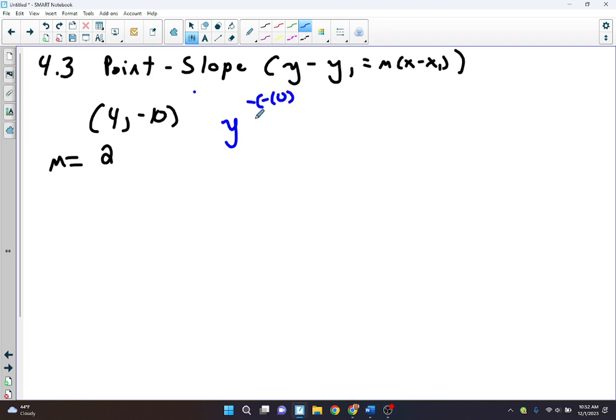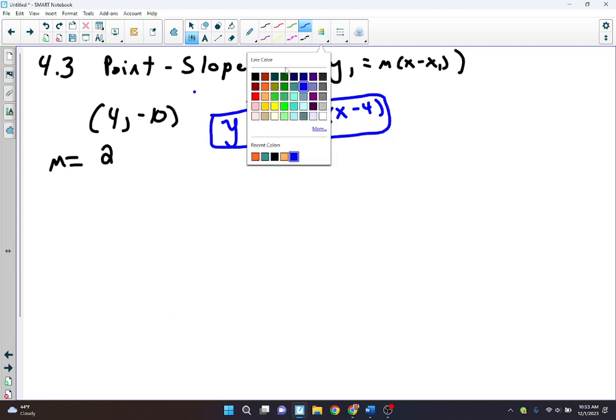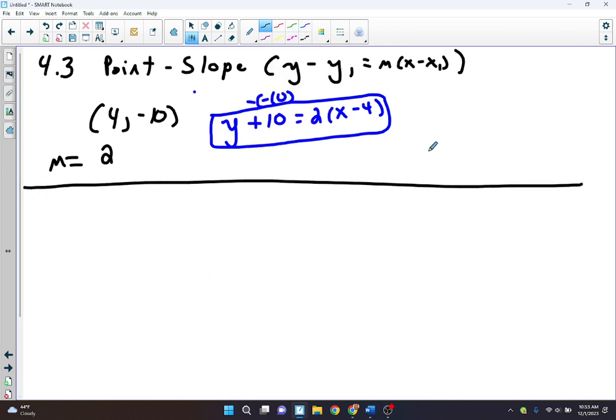Because it's minus negative 10, it's actually plus 10 in our final answer, equals 2 times x minus 4. So that one's a really easy one. Again, if you mess that up, you're going to have a tough time for the rest of the test. And then I'll give you progressively harder ones.